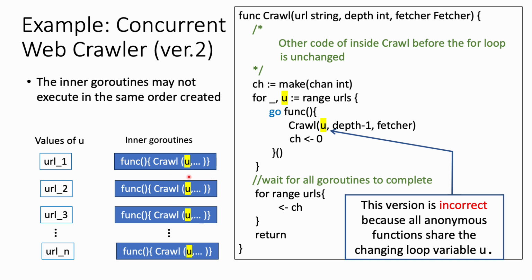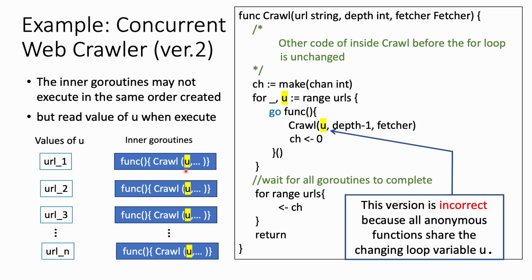This means that the inner goroutines may not execute in the same order they are created. But the inner goroutines only read the value of u when they execute, not when they are created, because the value of u is used inside the body of the anonymous function.